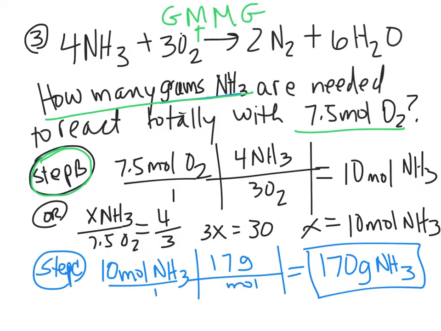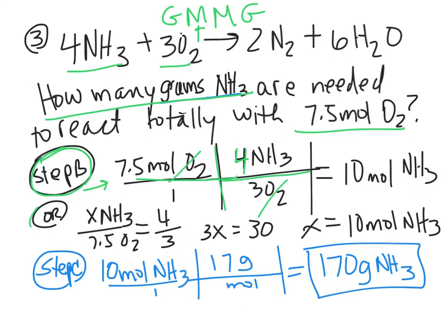This is exactly what we did on the other page, where you're comparing ratios from the balanced equation. This ratio of 4 NH3 to 3 O2 is from the balanced equation here. In this way of doing the dimensional analysis, I'm multiplying these two things out, so I'm allowed to put on the bottom what I want to get rid of, and on the top what I want.